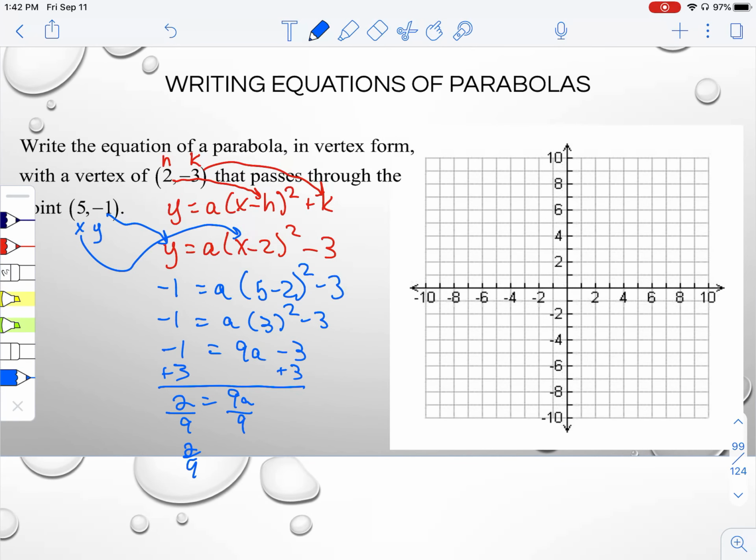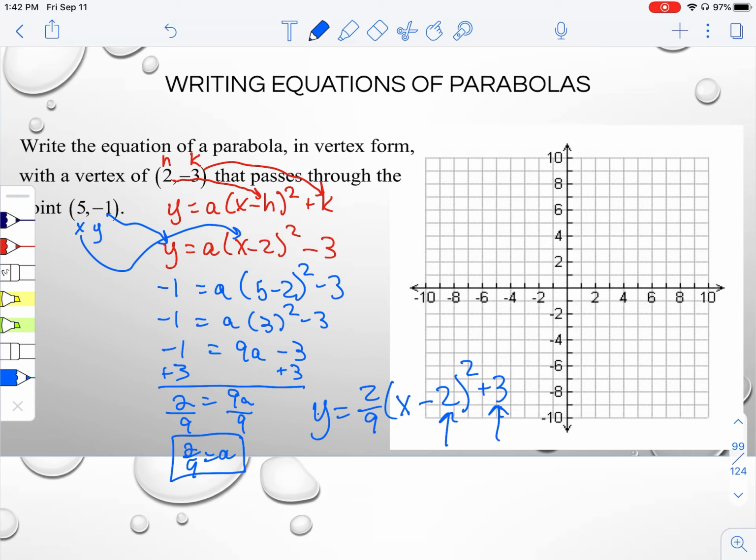So I get 2/9 equals a. Therefore, your equation is y equals 2/9 times the quantity x minus 2 squared minus 3. So we substitute our h and our k back in. All right.